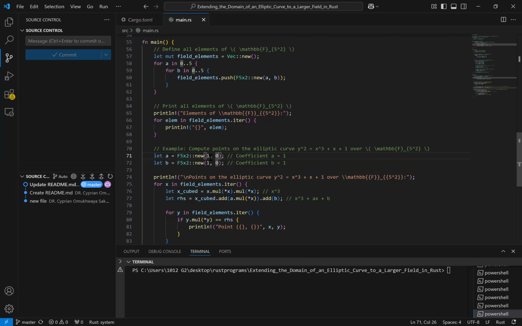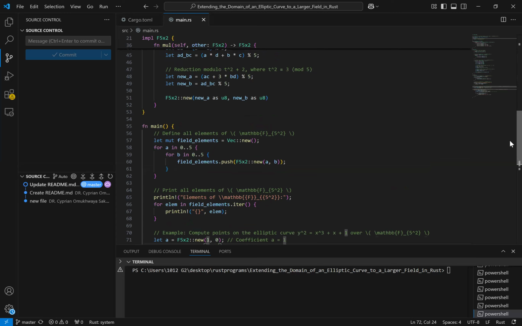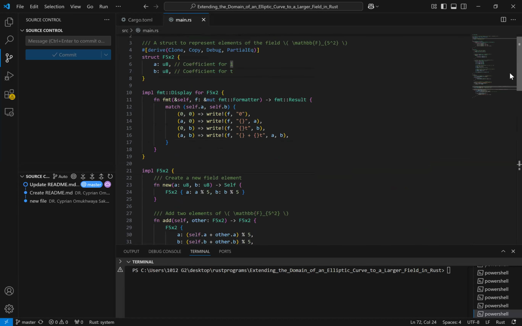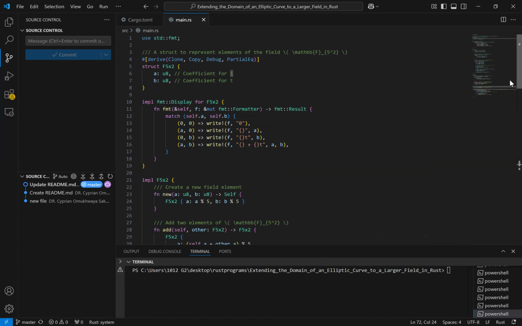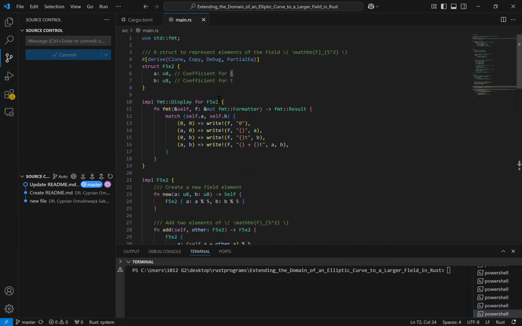Now, my elliptic curve was, a was 1 and b was 1. I want to extend it over a polynomial f2, so I define it here. My field is 5.